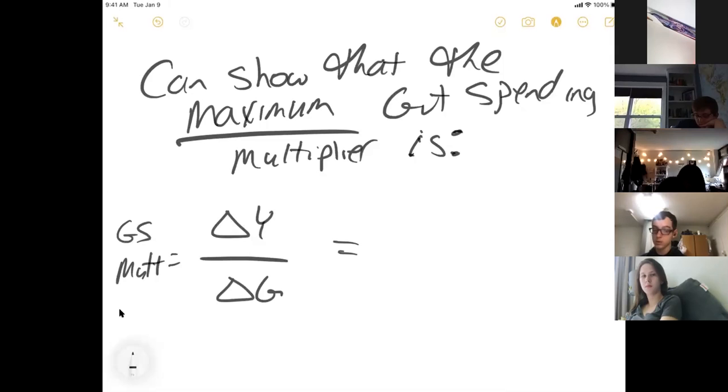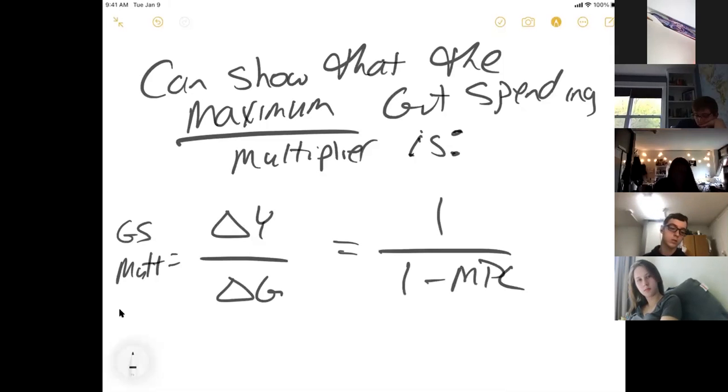With a little bit of math, I'm not going to ask you to replicate this math, but I will ask you to know this formula: the maximum government spending multiplier is equal to 1 over 1 minus the marginal propensity to consume.